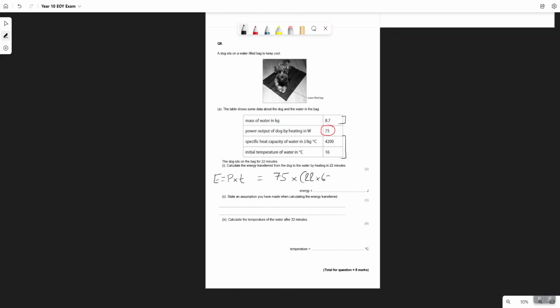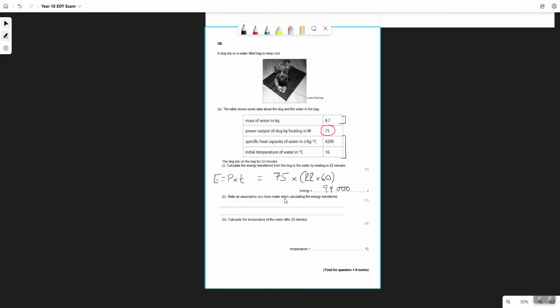We've got to multiply that by 60 to turn it into seconds. So there is a conversion mark, there is a rearrangement and substitution mark, and the final mark is for the evaluation. So you get 99,000 joules.